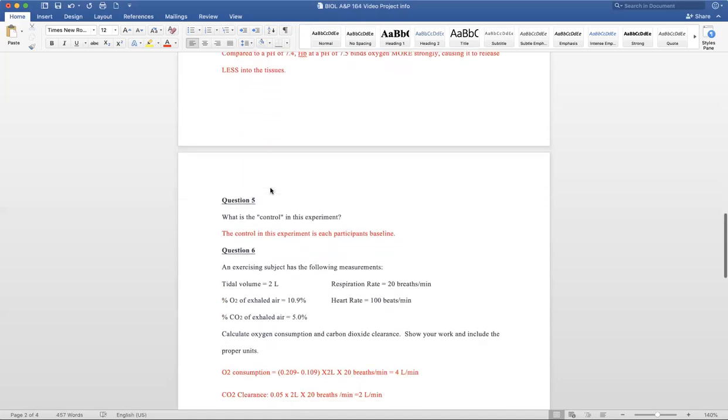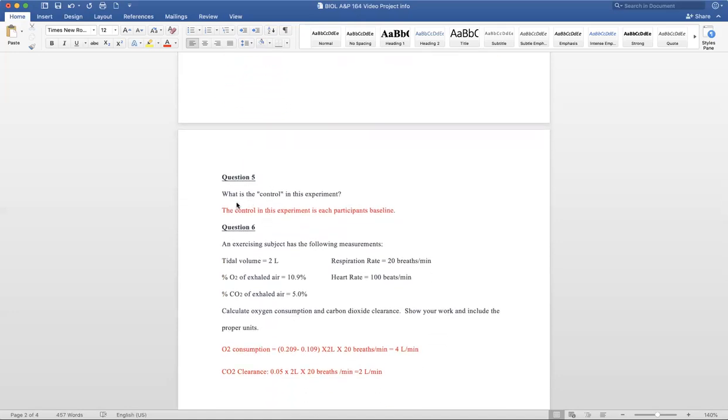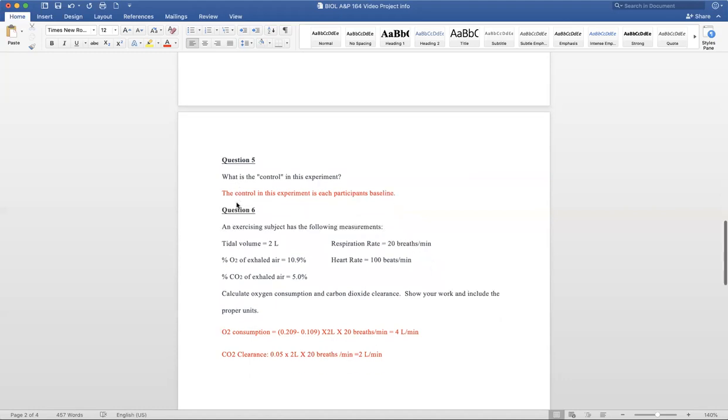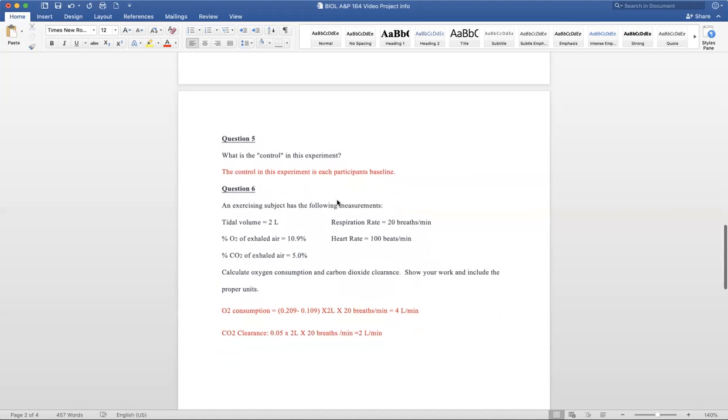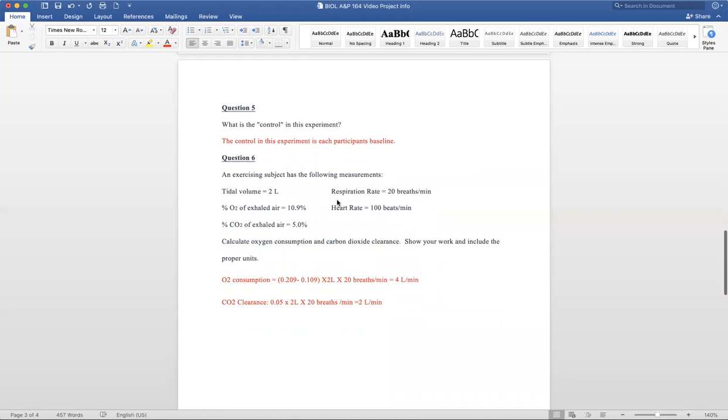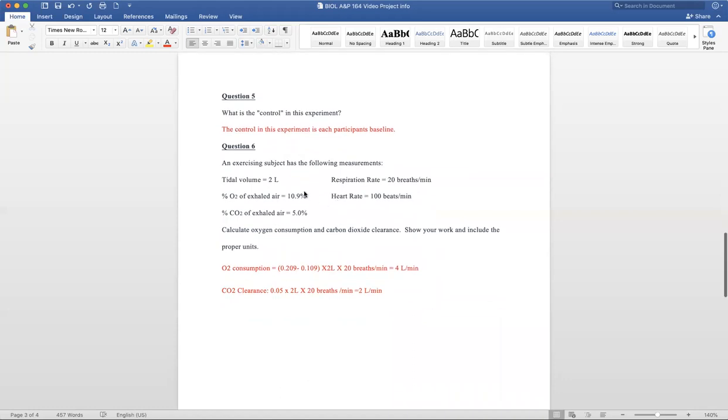Right. Sorry. Question number 5 is asking about the control in the experiment. And the control in this experiment is the baselines of all the participants, because we did it all in one day, so the participant can't have a baseline run of a day before or something. So they had to use the resting rate of each participant that day.